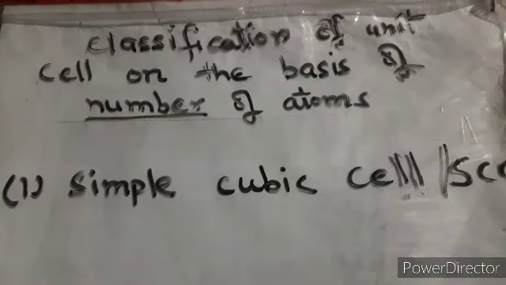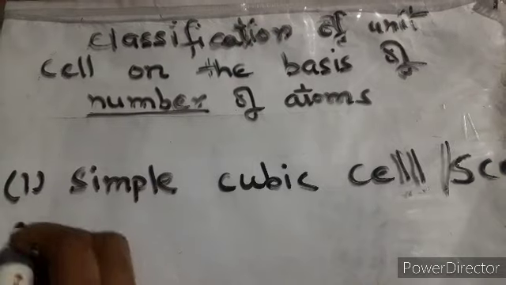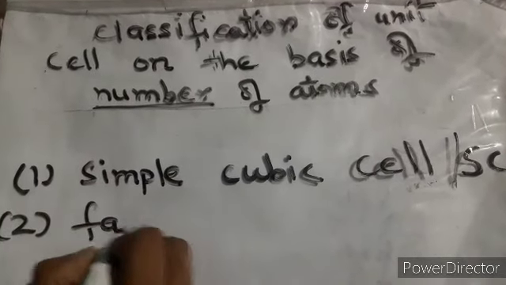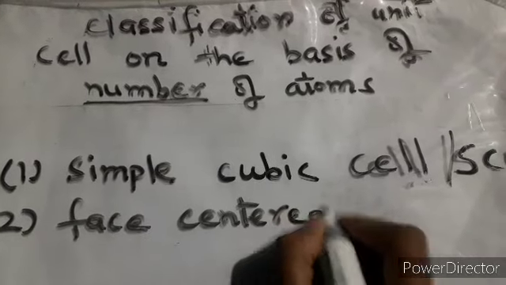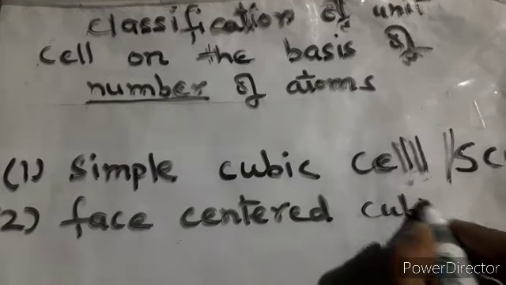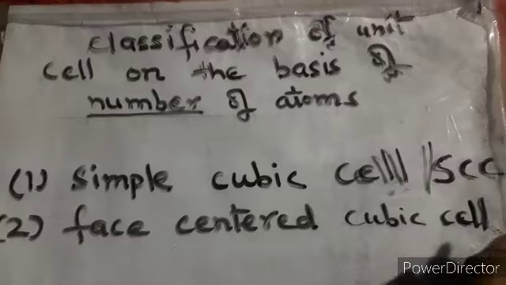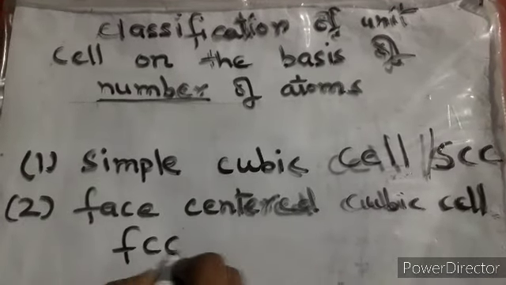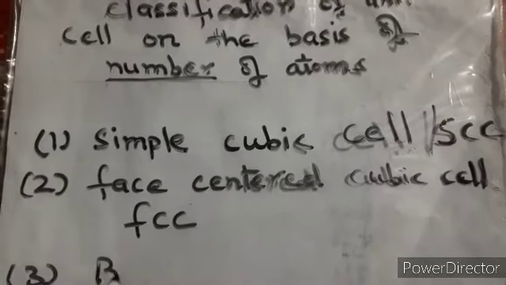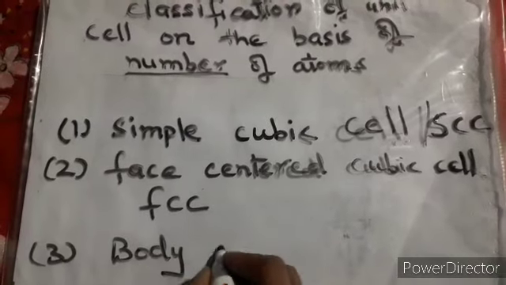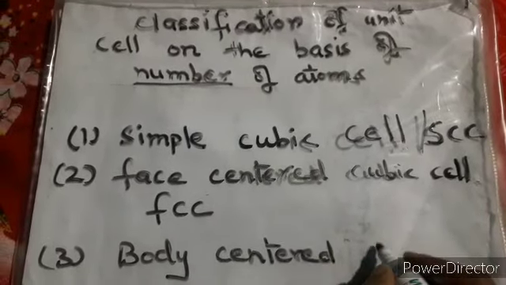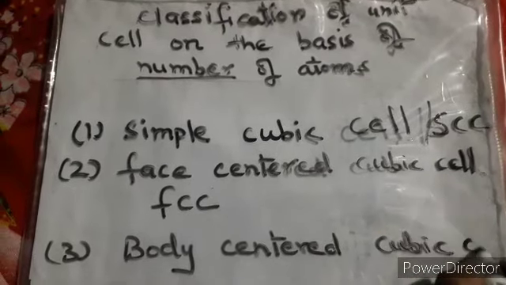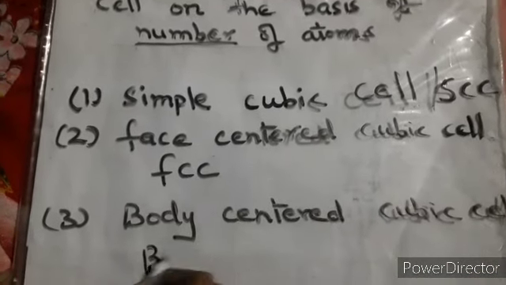The next one is face centered cubic cell, which is also known as FCC. And third is body centered cubic cell, that is your BCC.